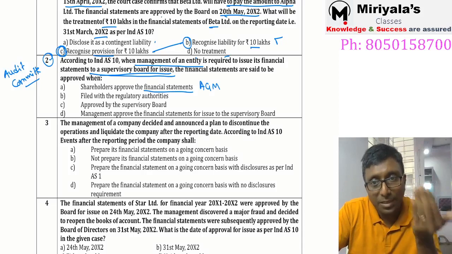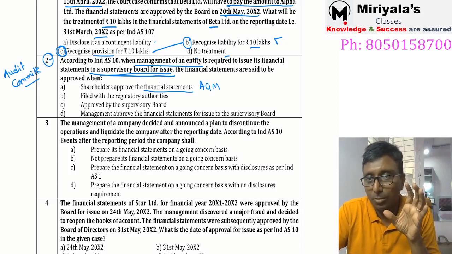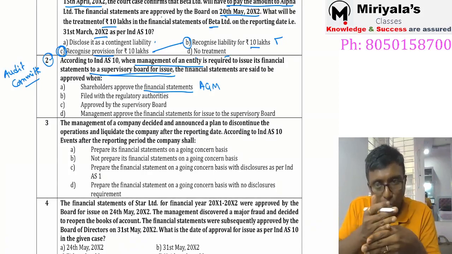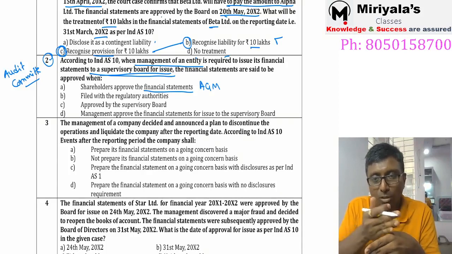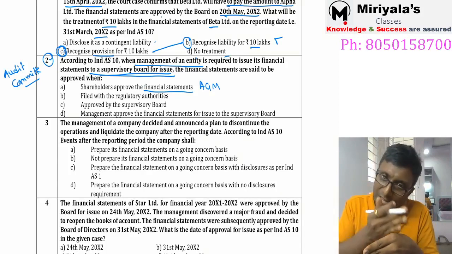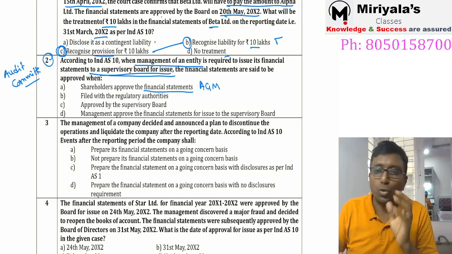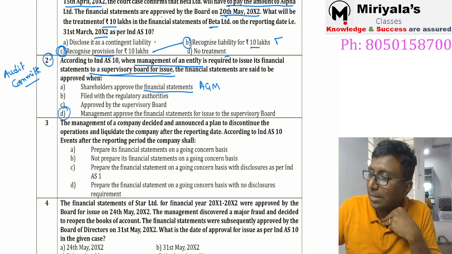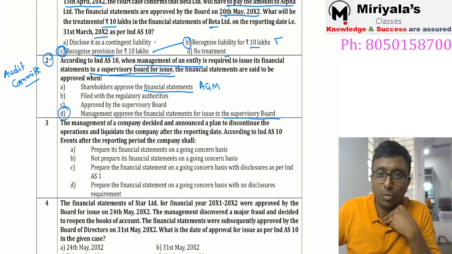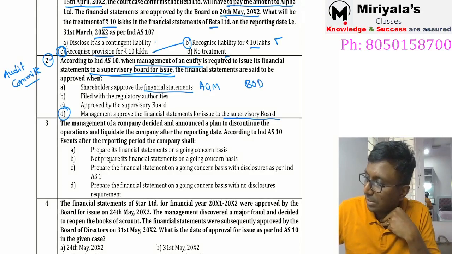When the management issues, that is, when the board issues to the audit committee, that itself is sufficient. So in the given case, the management approves the financial statements which are going to be issued to the supervisory board. Board issued on one particular date; the supervisory board means the audit committee meeting.